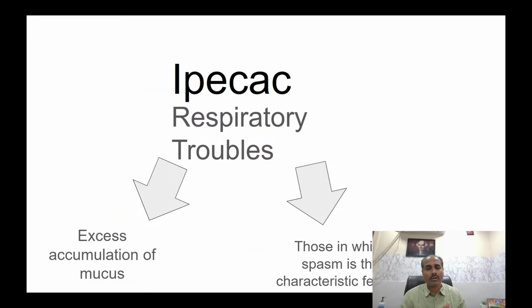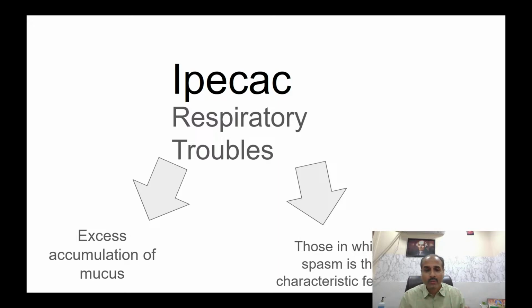Going further, what Dr. Nash describes is that the respiratory troubles of Ipecac can be divided into two categories. Number one is excessive accumulation of mucus, and number two, those cases where spasm is a characteristic feature.